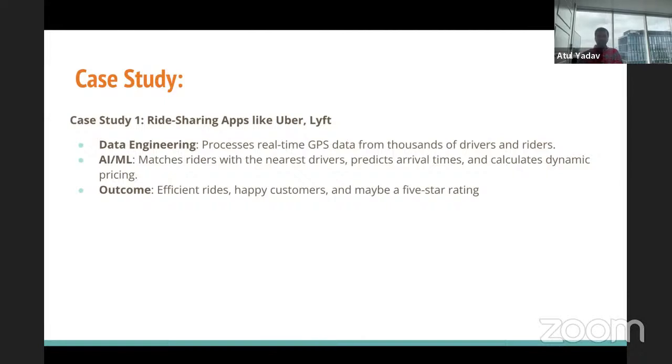PI, religion, race, this, no. PI, personal information. Yeah, name, yeah. There you go. Age, height, weight, address, Aadhaar, bank, yeah.